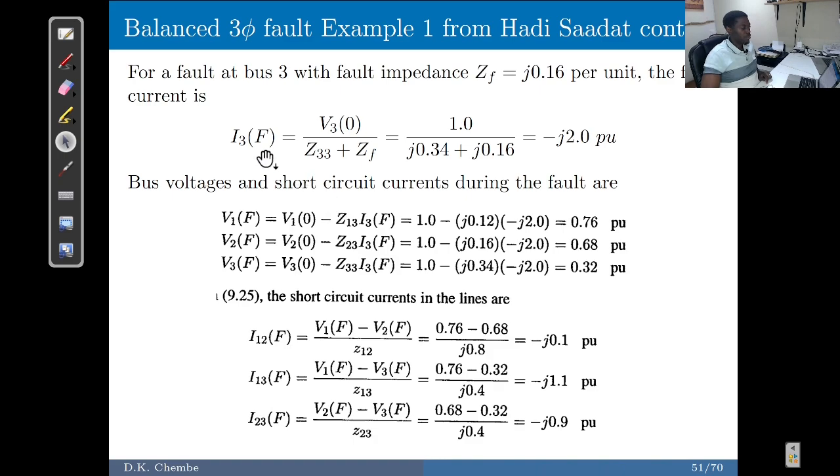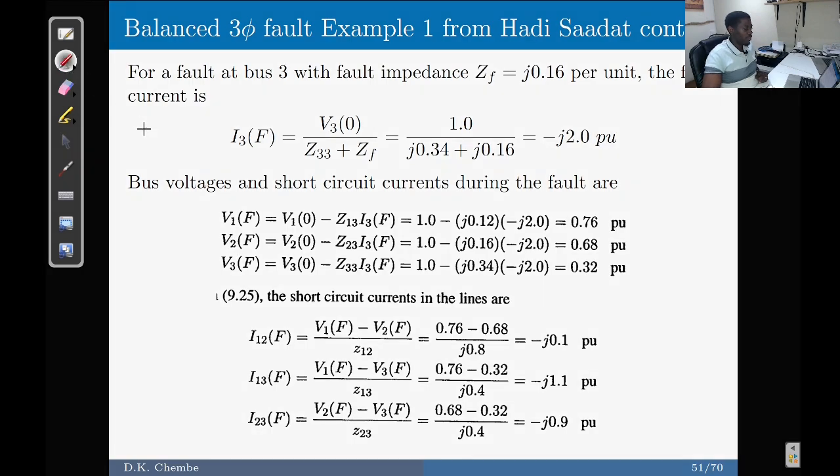Okay, so the fault current at bus 3 is equal to V30 over Z33 plus ZF, where we said our V3 is assumed as 1 per unit, over j0.34 plus j0.16, giving us minus j2.0 per unit. The bus voltages and short circuit currents during the fault can then be calculated as follows.